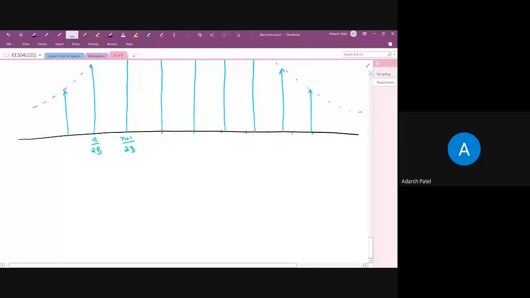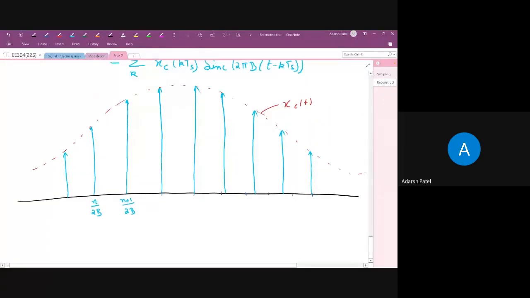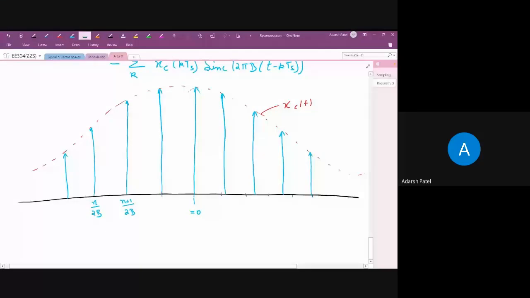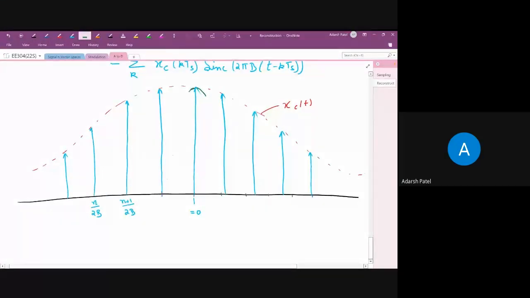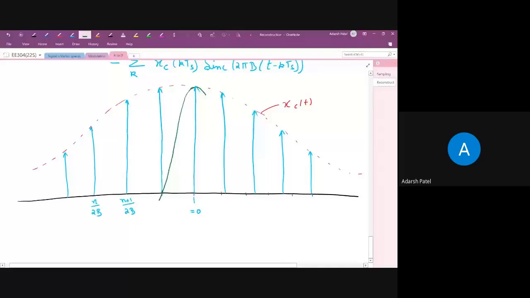So if I assume that this center value corresponds to 0, then there will be a sinc function sitting at this point, which is going to have the same amplitude as this, and it will cross at these points.